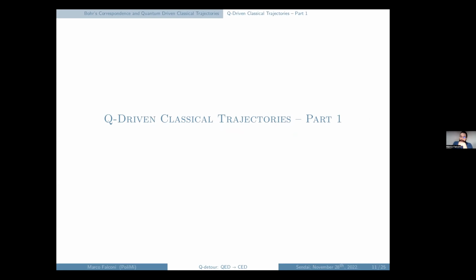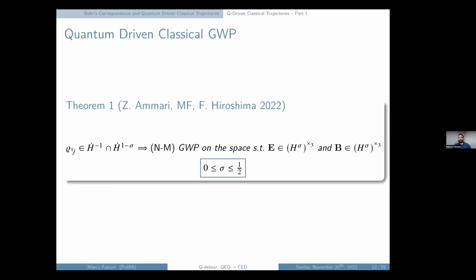In particular now, let me start by formulating this classical result that is driven by the quantum. Okay, so this is the first theorem that we prove in this paper, the reference was on the first page, with Ziad Ammari and Hiroshima. That is recent, from early this year. Okay, so as I previewed before, we are able to relax.